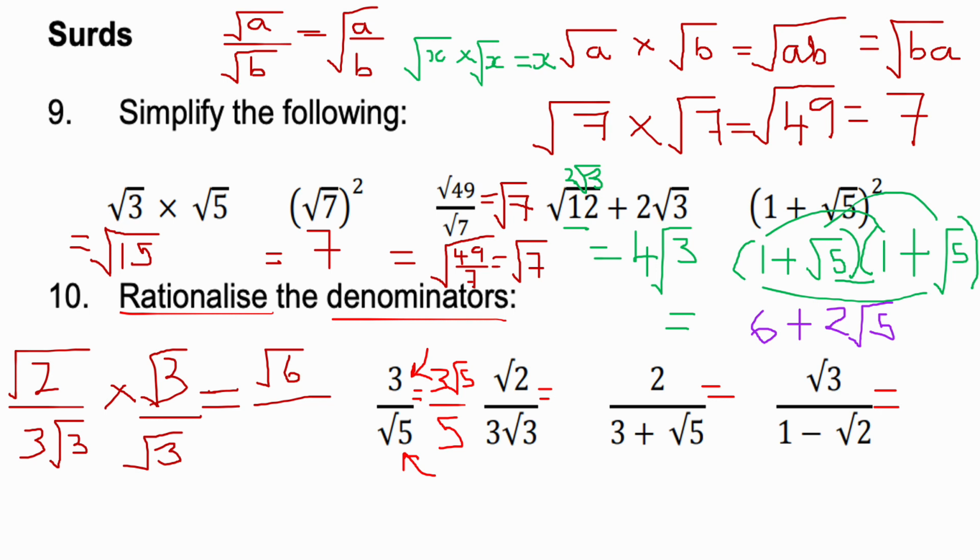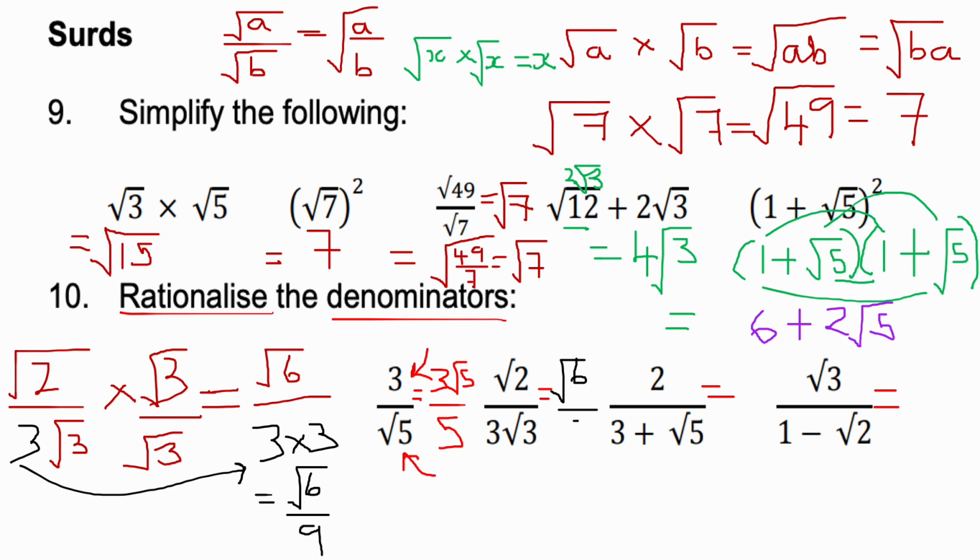Now, if I just ignore the 3 for a second, root 3 times root 3 is root 9, which becomes 3, and then reintroducing that 3 at the front, I get 3 times 3, because that's from that 3 there, and root 3 times root 3 gives us this 3 here. 3 times 3, we should know, is 9. So the answer becomes root 6 over 9.